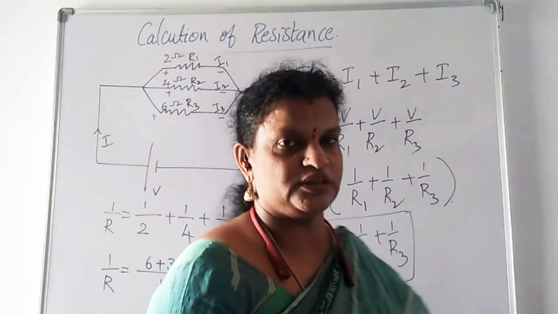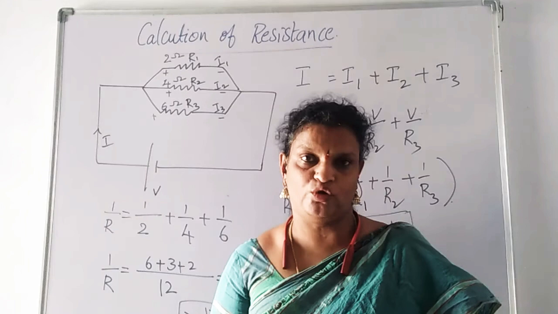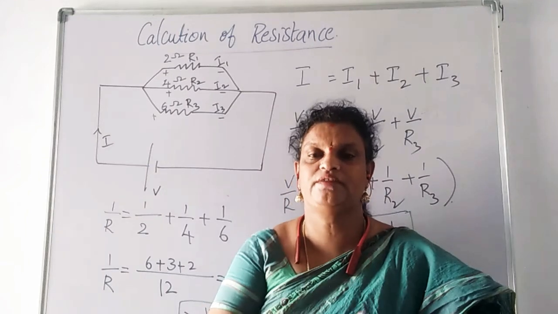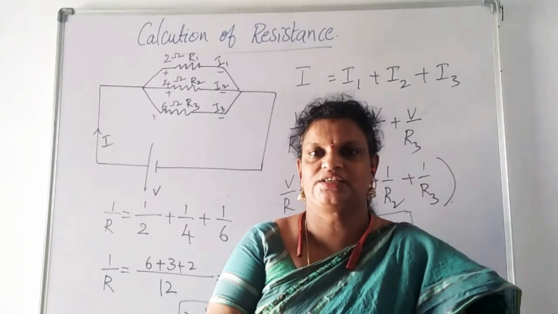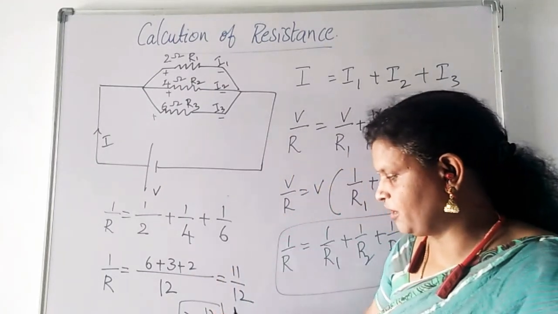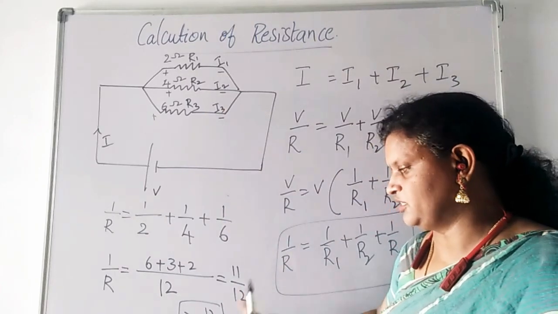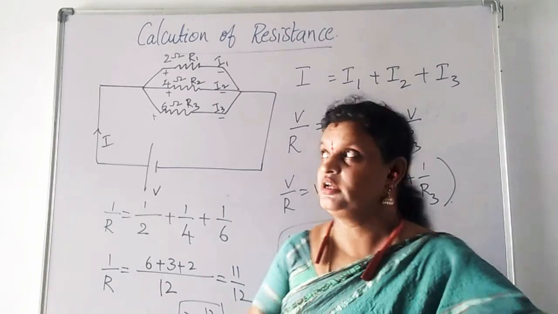Now you can observe one thing. When these resistors were connected in series, we got 12 ohms, meaning the effective resistance increases in a series connection. But when you connect them in parallel, you can observe that compared with any other resistor, this resistance is less. 12 by 11 is just 1 point something.